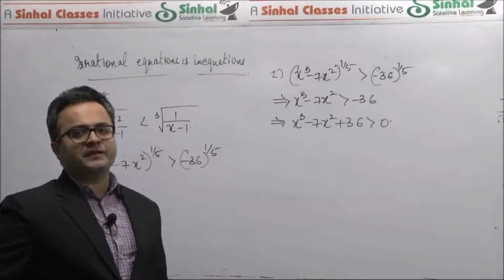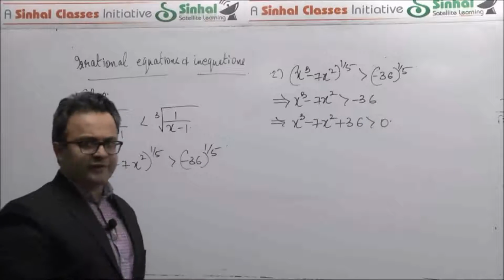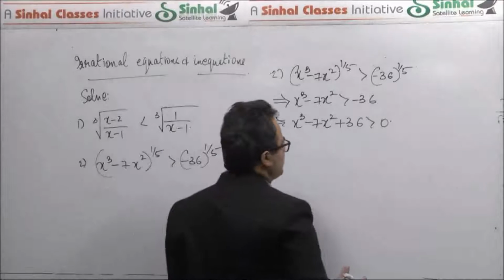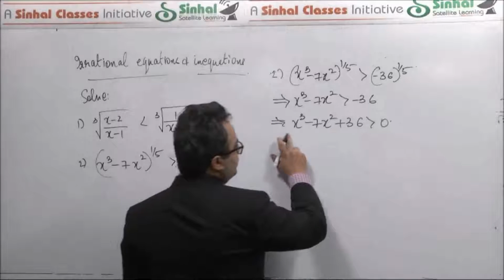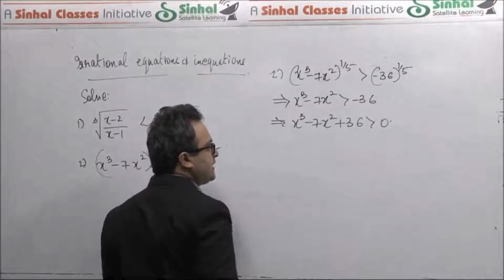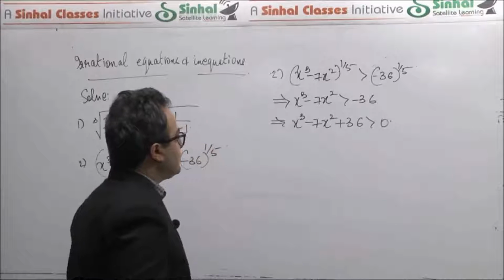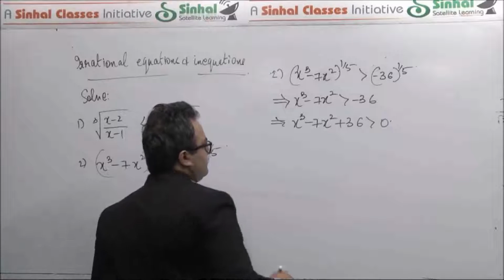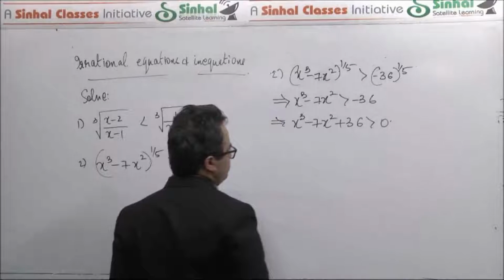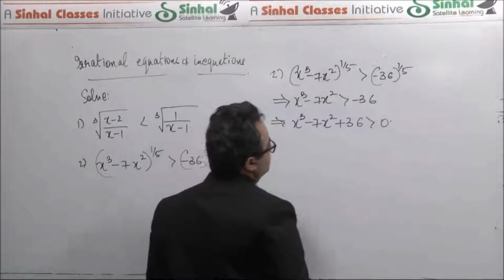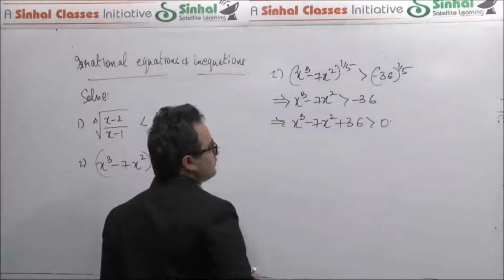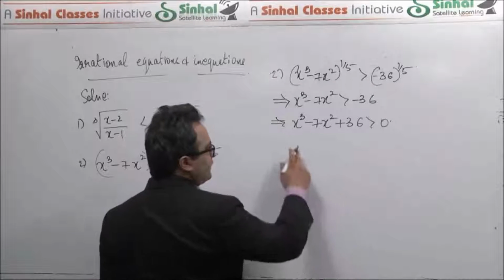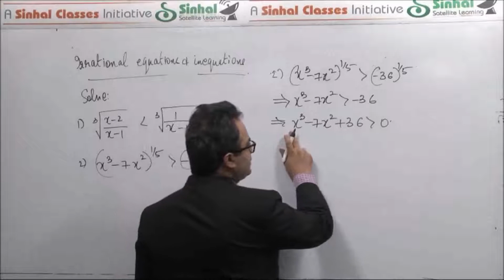So obviously the first thing that we'll have to do is factorize it, for which we'll have to guess one of the roots of x cubed minus 7x squared plus 36 equal to 0. So by observation, one of the roots is minus 2.